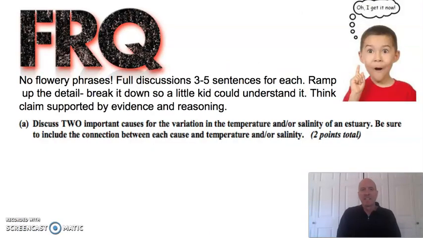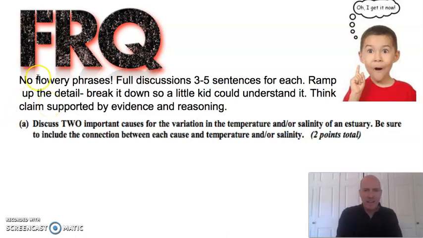So here is the first part of your FRQ. You want to think about what's going to change the salinity level, the salt level in an estuary, and what would change the temperature of an estuary. As we write this response, you're thinking on your feet.